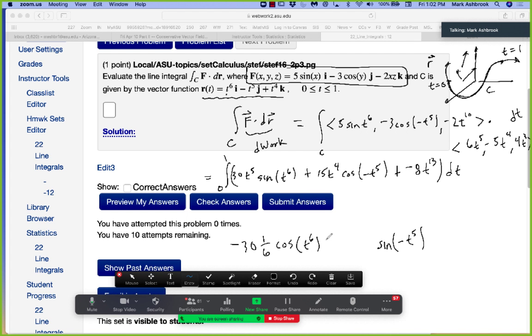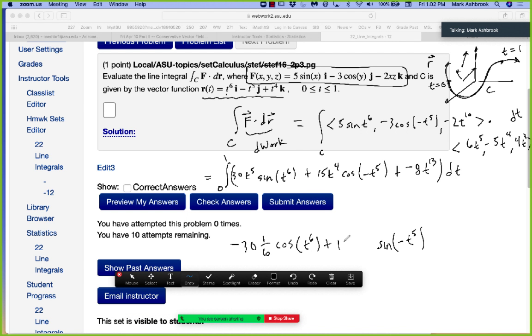So I think I can just do plus here, 15, and then 1/5 for the t to the fifth. Now if I do the derivative of this, I'm going to need a negative, right? Because if I do the derivative, I get positive cosine, and then times negative 5t to the fourth. So I'm going to need a negative.